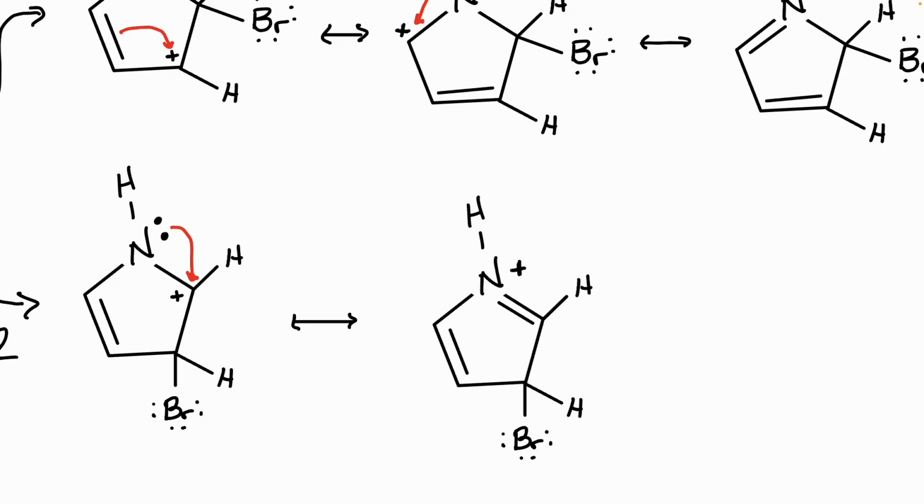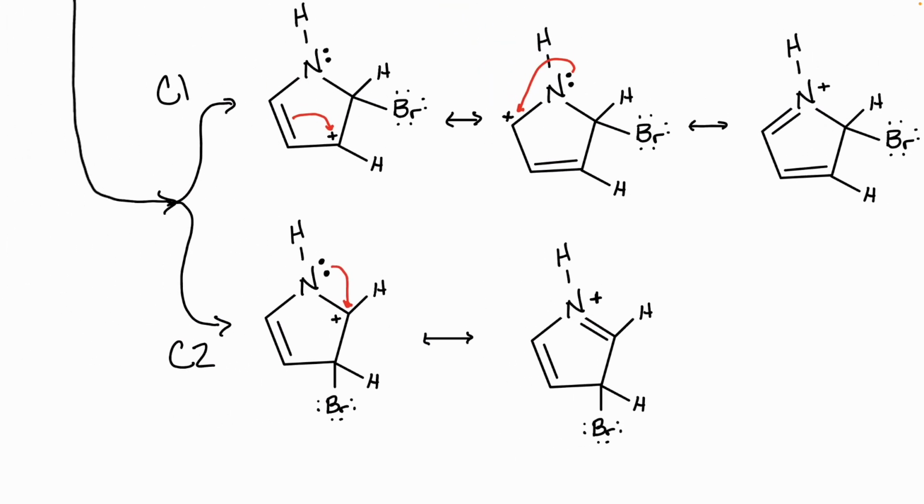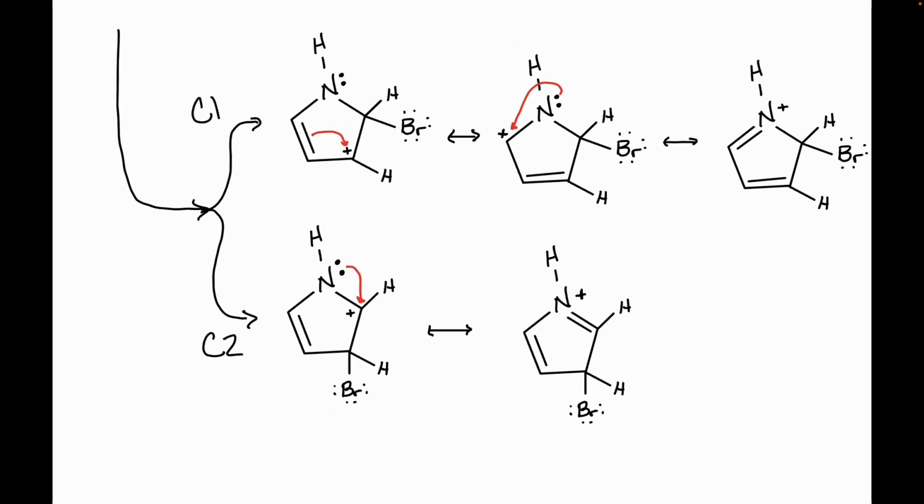All right, and so now we have this nitrogen with this positive charge, and it is allylic to this bond right here. But this cannot occur. Why not? Too many bonds on that nitrogen, right? Unlike a carbocation, which has only 6 electrons in its octet, this nitrogen cation here already has a complete octet. It's not accepting any more electrons. So these are the only 2 resonance structures that we can draw here.